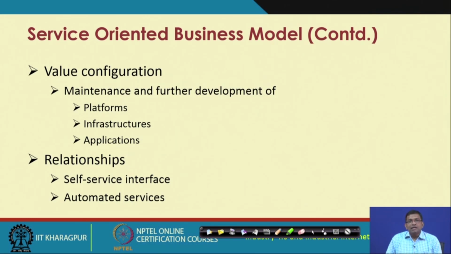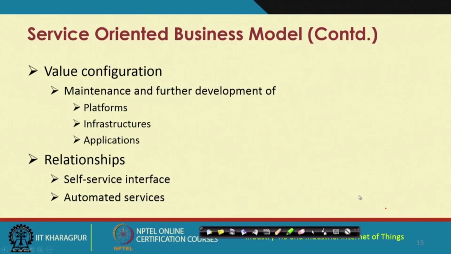And the relationships, so self service interfaces, automated services, etc., offered to the different customers. So, we have the business who is offering it and we have the end users. Between the end users and the businesses, the self service interfaces, the automated servicing interfaces, etc., that are offered, these are very crucial features in this kind of business model.